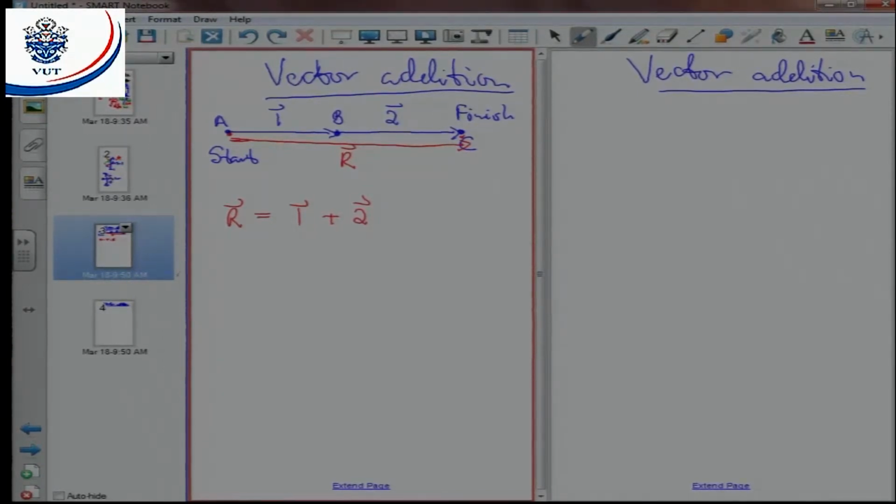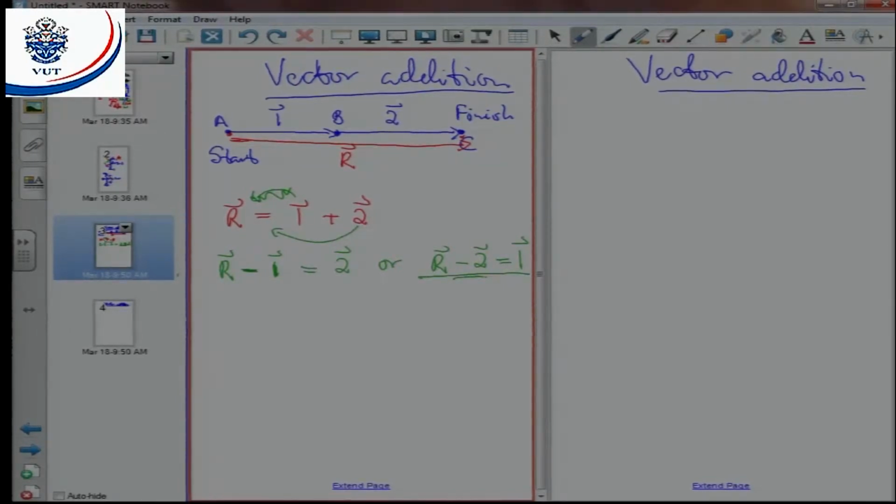So if we work with this equation, if I take 1 to the other side, the sign changes to a minus, so R minus 1 equals 2, or equivalently R minus 2. So if I now take 2 to the other side and leave 1, then I get R minus 2 is the vector 1. Okay, I'm interested in this case because it's simpler.